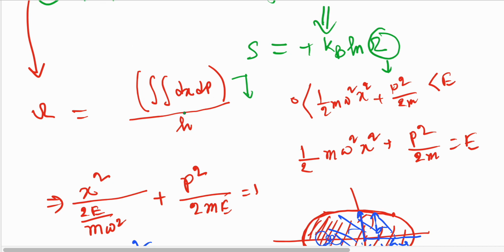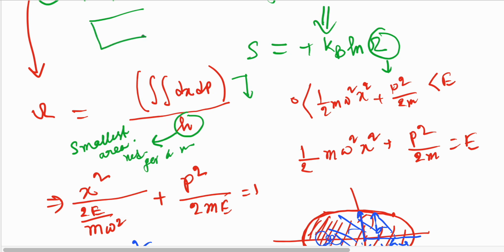That's why we need a constant which is the smallest area needed for a microstate. So you will say that if the particle is roaming around inside the area h, you will call the total state a microstate.